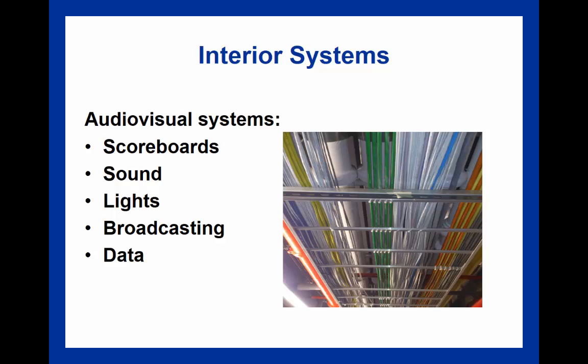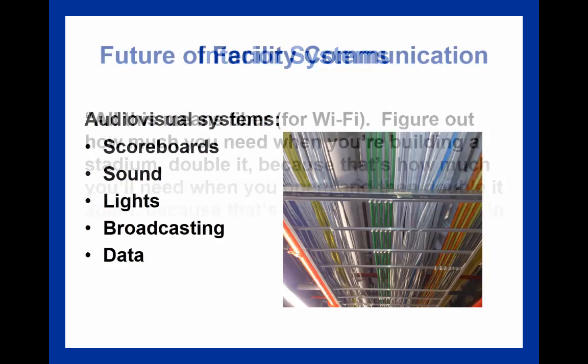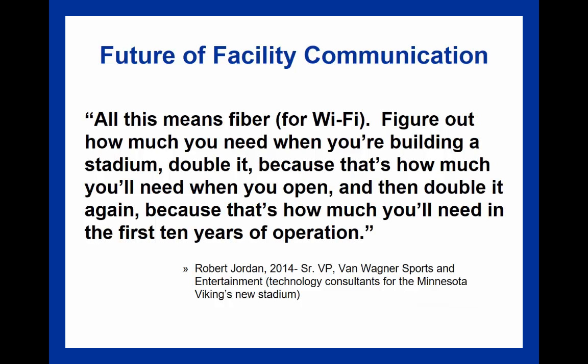So having Wi-Fi is certainly important. And like I said, the future of facility communication is going towards fiber optic cable and Wi-Fi, and figuring out how much you need, because when you're building a facility, you need to plan for the future.